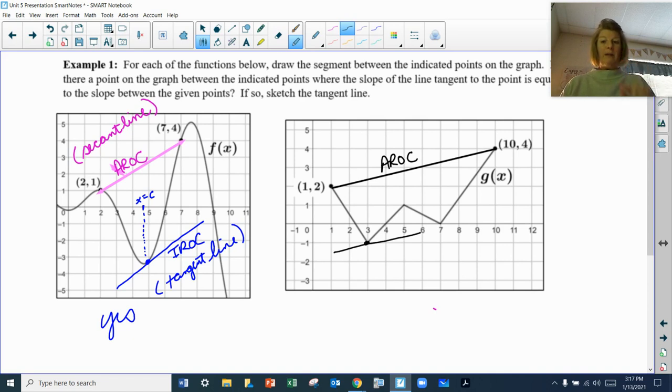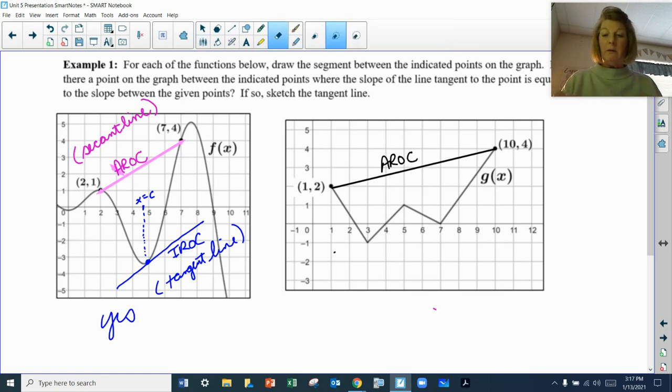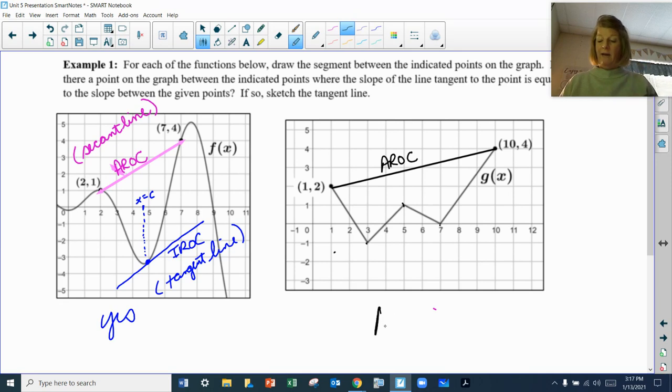Well, sharp points, we know derivatives don't exist at sharp points. So no, I can't draw it there. I wanted to so bad. I can't draw it there. And the rest of these line segments are linear segments, and they already have a defined slope that's not matching AROC. So I have to say no, we can't.